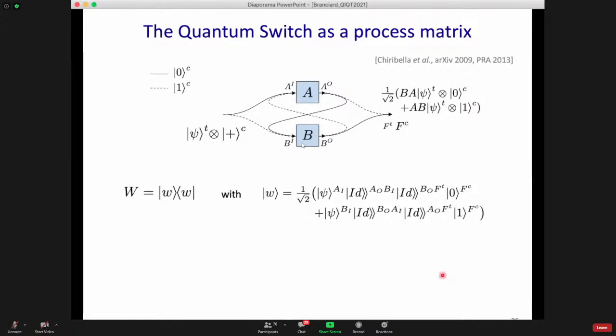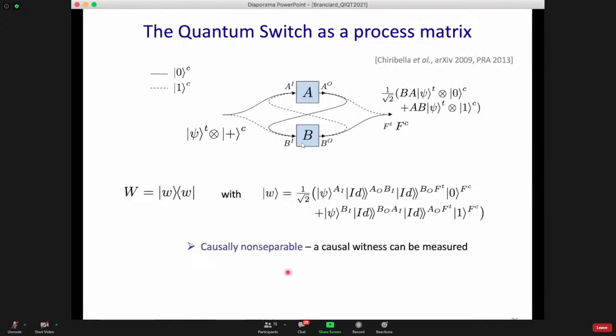This is just to tell you that this kind of circuit can be described as a process matrix. The process matrix formalism that I introduced on a rather high level, without clear connection to actual realizations. Well, this quantum switch is an example of a process matrix. I don't think I have time, but if you want, you can ask some more questions about how I describe it.